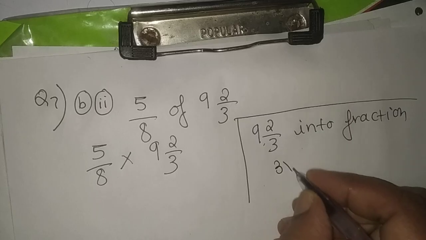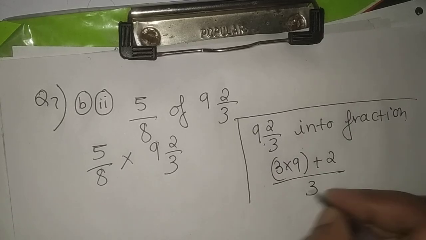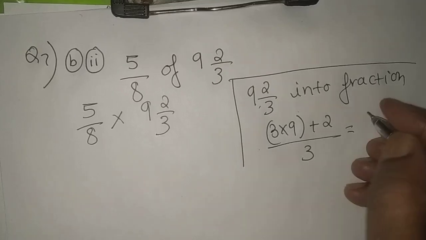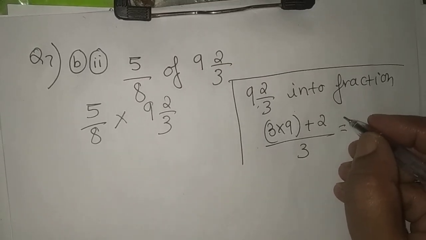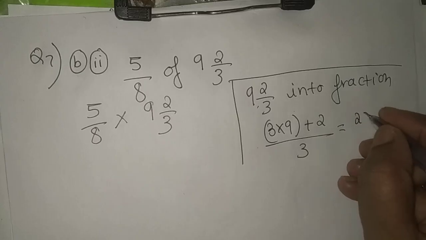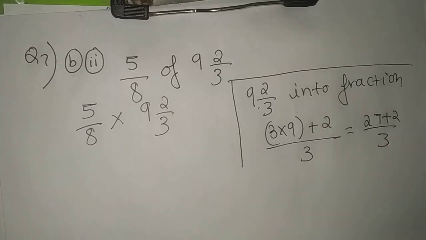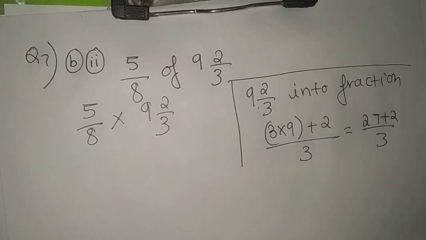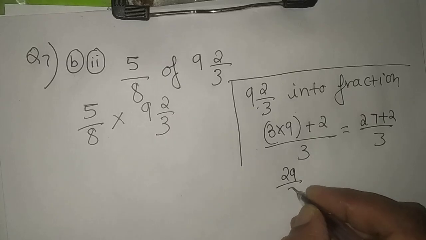That is 3 into 9 plus 2 by 3, which is equal to 9 3s are 27. 9 3s 27 plus 2 by 3, which is equal to 29 by 3.